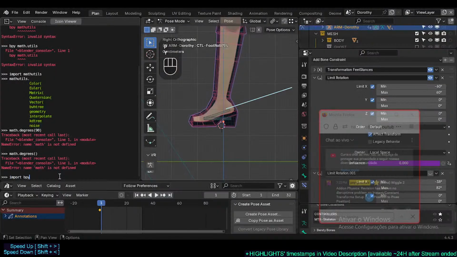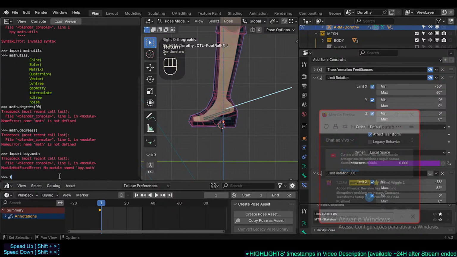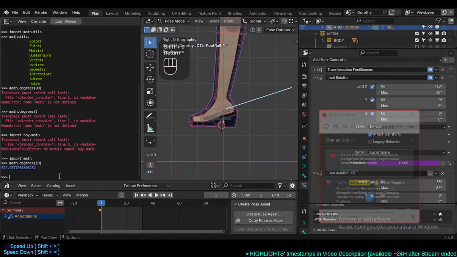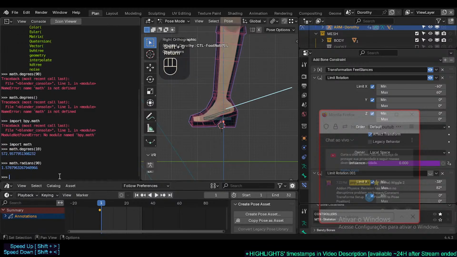Import. Okay, then there we go. So this probably converted. Okay, so this converted.